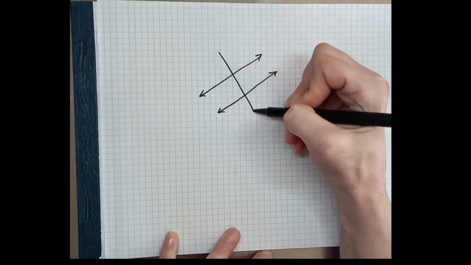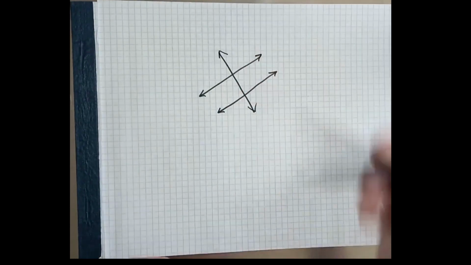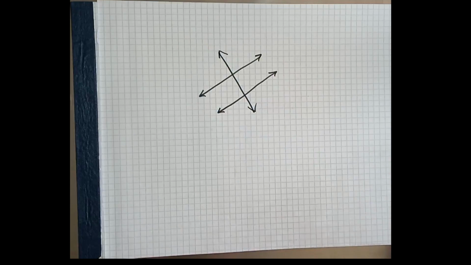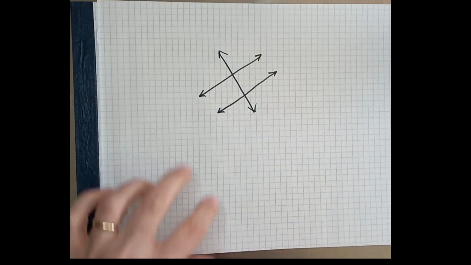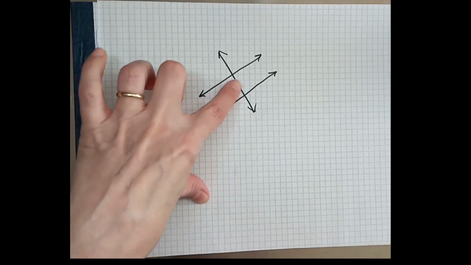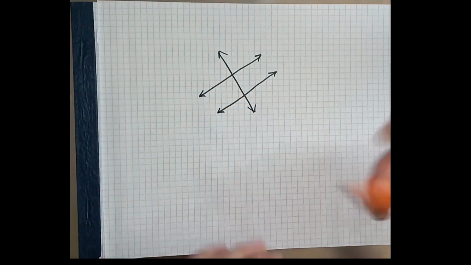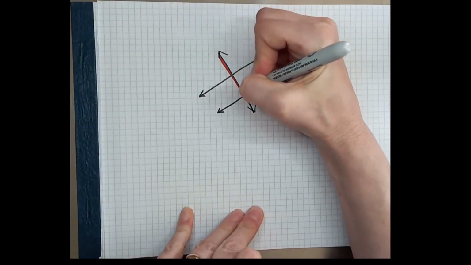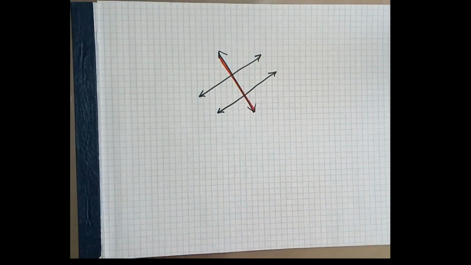So if I have something like this and it starts to look a little wacky to you, try to find first of all your parallel lines. I'm going to say these two are parallel, and then this is my transversal that cuts through them. I'm going to highlight that transversal just so I know where it is. Now, if I know one measurement on this picture, I can know all of the other ones.